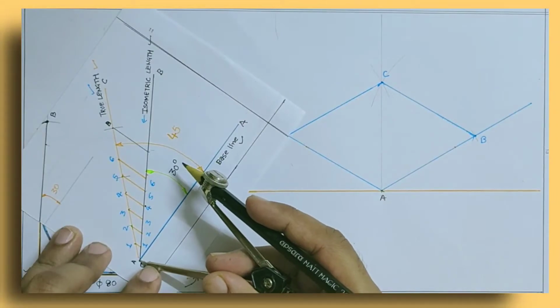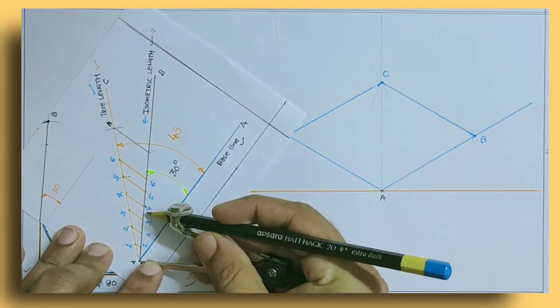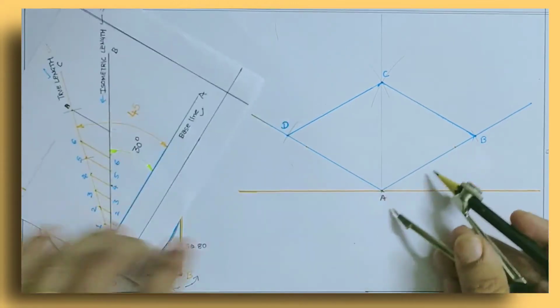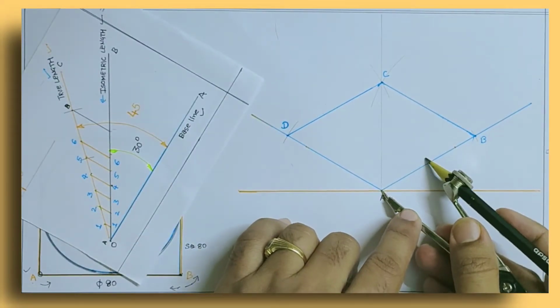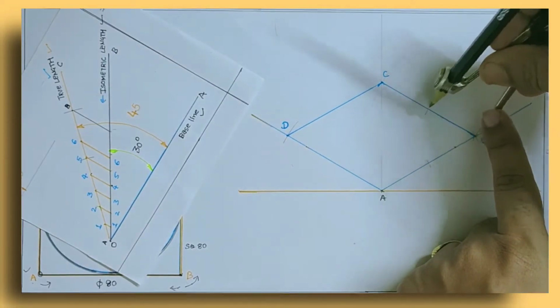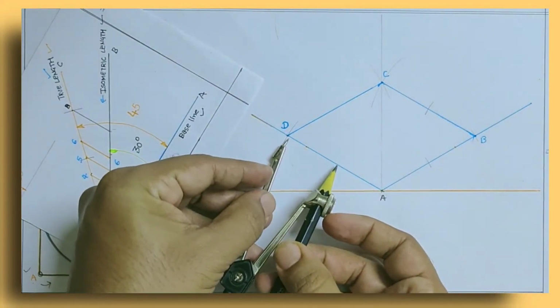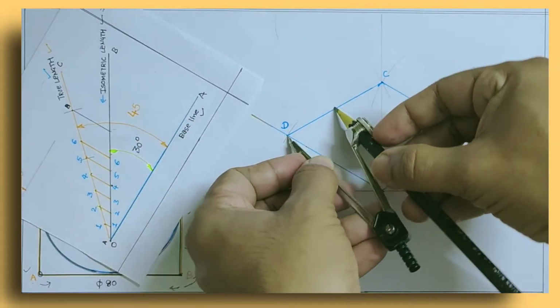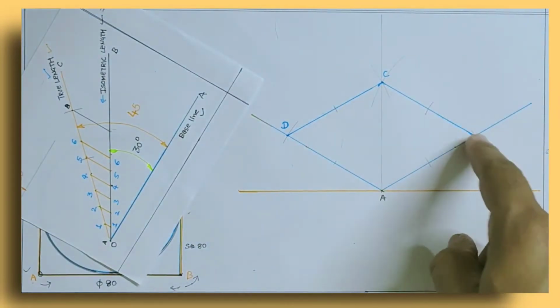Take this 40 as the reference point, and then draw a point here, 40 onto this 40. These are all the midpoints of AB, BC, and so on.